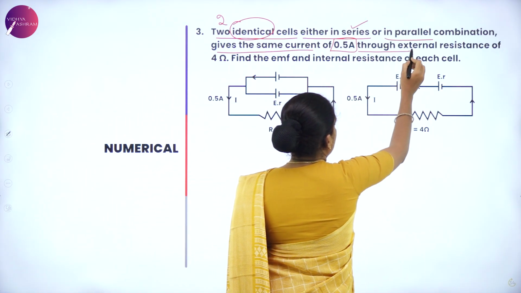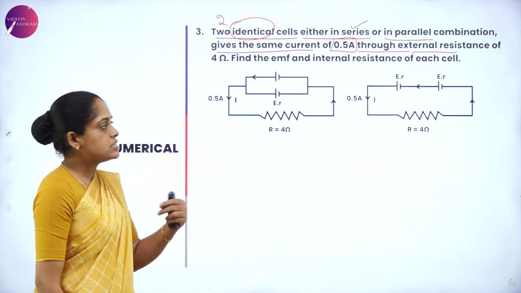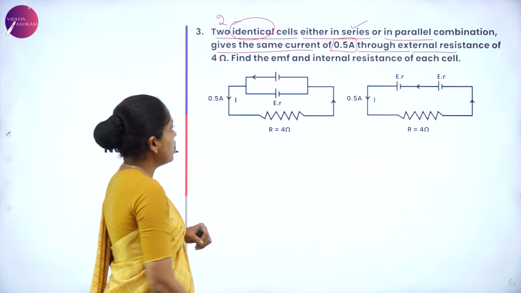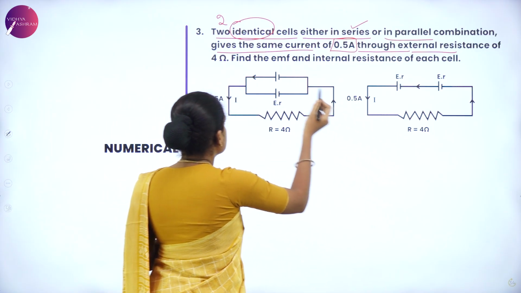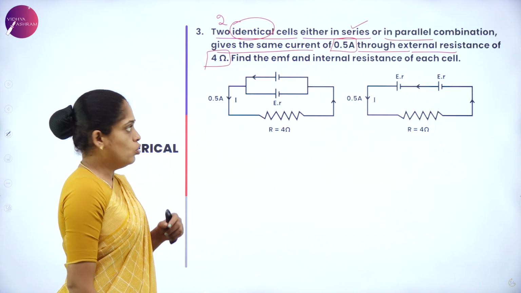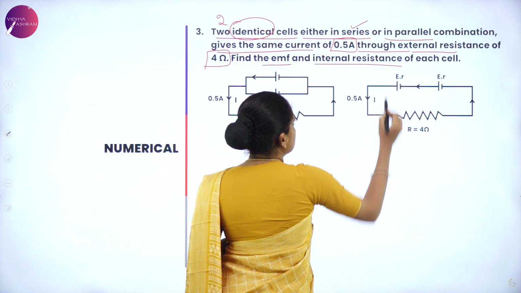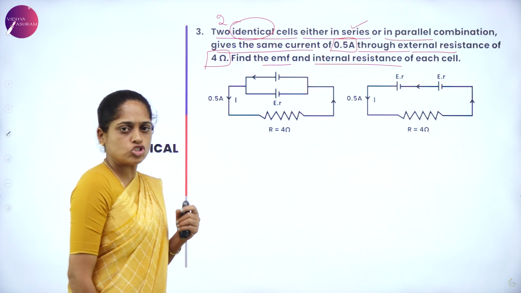The direction of current through this external resistance is the same in series and also in parallel. The external resistance is 4 ohm. Using this, we need to find the EMF and internal resistance of each cell.